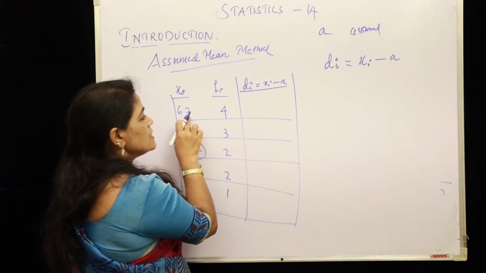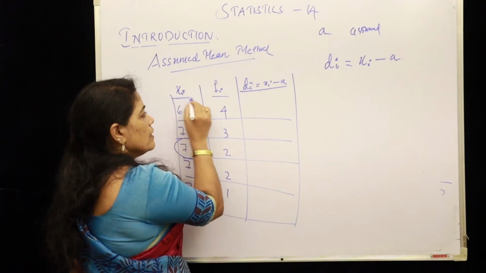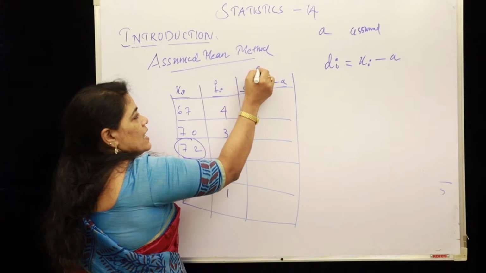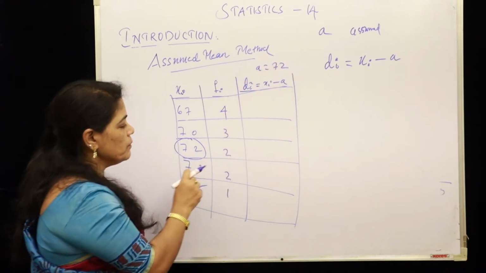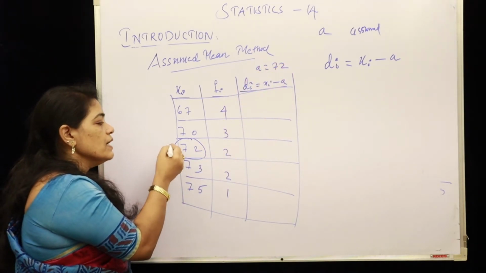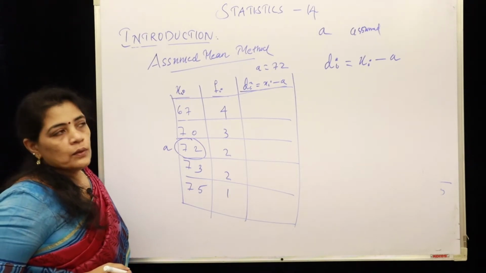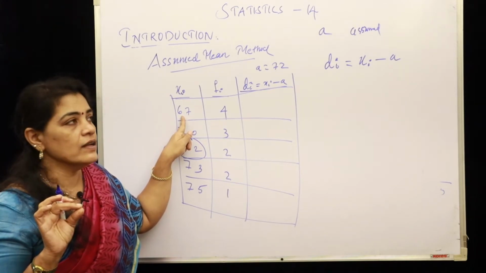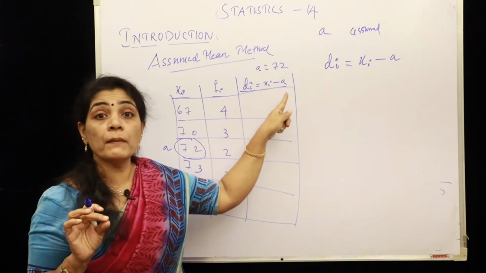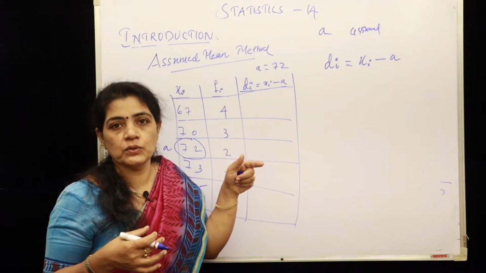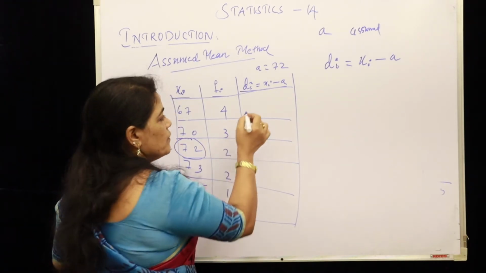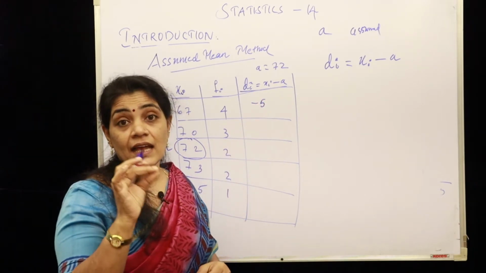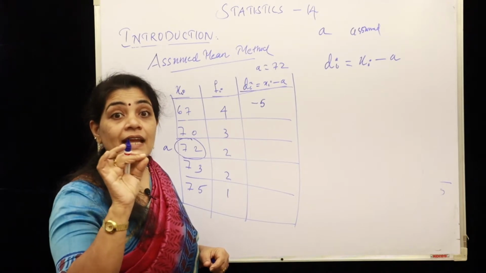So here the first xi is 67, and we have selected the assumed mean a as 72. So 67 minus 72 is negative 5. You have to consider the sign also. Subtraction is not commutative, xi minus a. So here comes the negative sign.